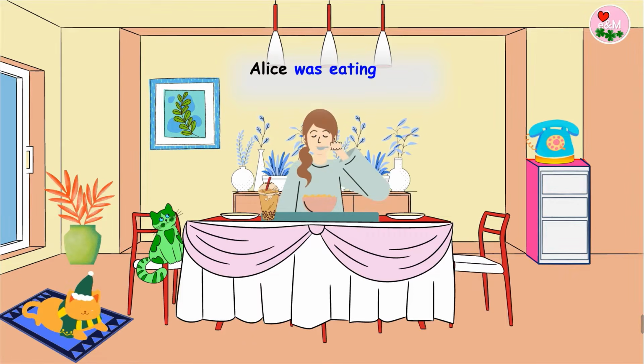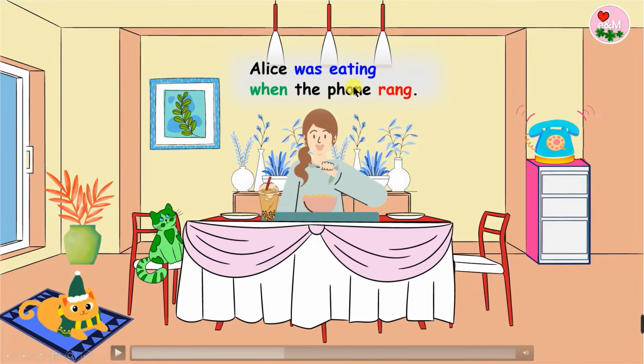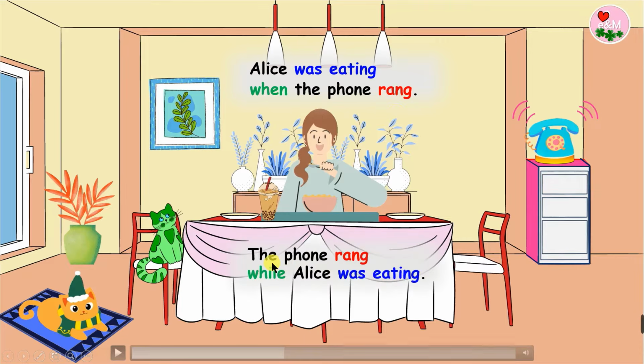And then something happened in the middle. The phone rang. To express the interrupting action, we use past simple. So, the sentence is Alice was eating when the phone rang. Or you can say the phone rang while Alice was eating.